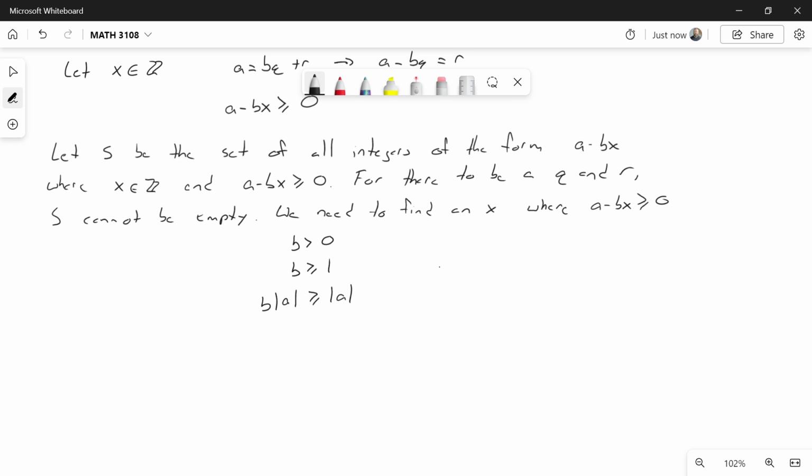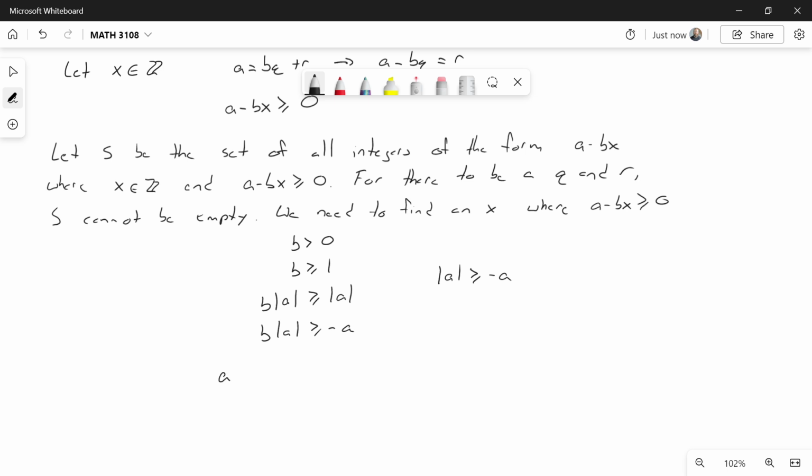Now, one of the properties that we have with absolute values is we can say the absolute value of A is greater than or equal to negative A. So if I rewrite this last line, greater than or equal to negative A, one of the things I can do is move this negative A to the other side.